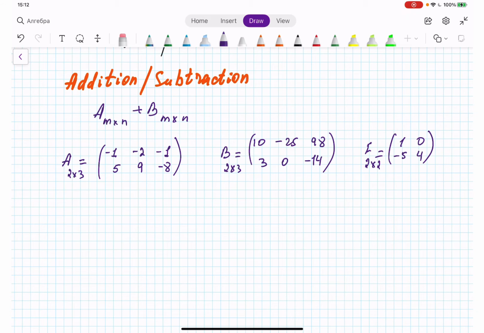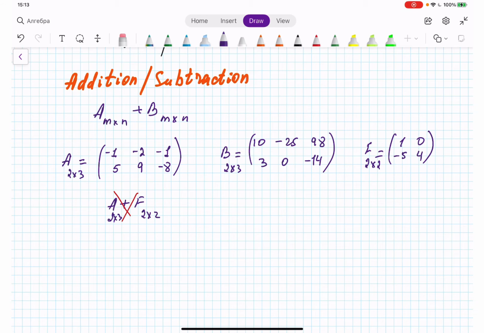So here is what is interesting: neither A nor B can I add to F because they don't have the same size, which means A plus F is not going to happen. Let me write down here 2 times 3, and here we have 2 times 2.